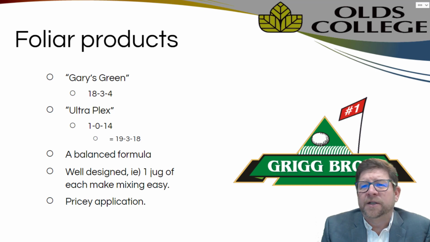You can see Gary's Green, that 18-3-4 product, as an analysis. That's their base, and they put a secondary in there. In this case, I'm using one of their products called Ultraplex, with an analysis of 1-0-14, and they suggest that you combine that.